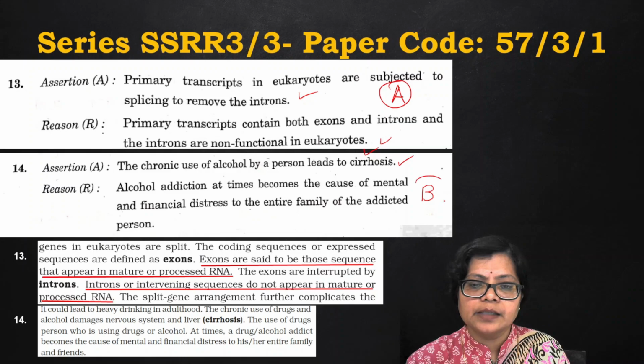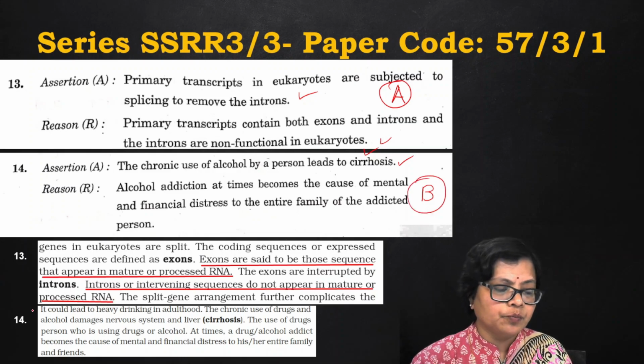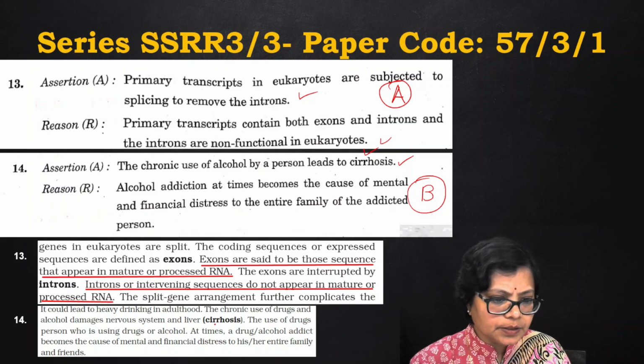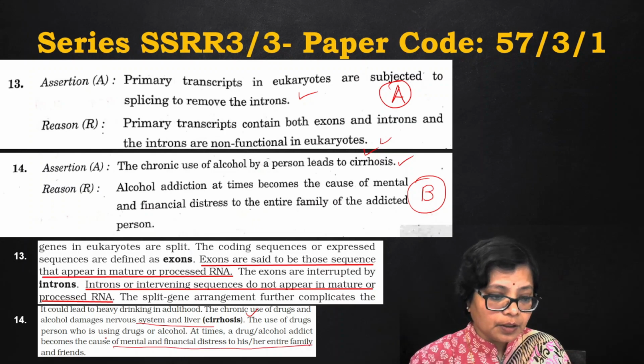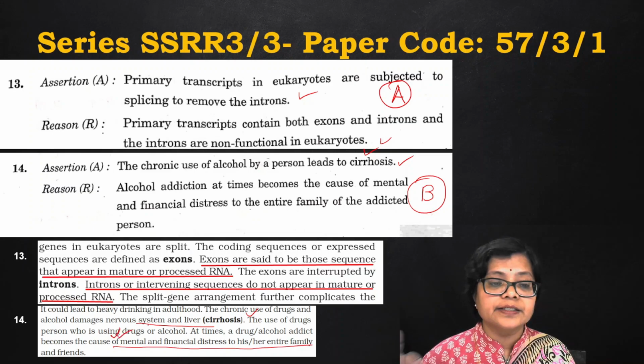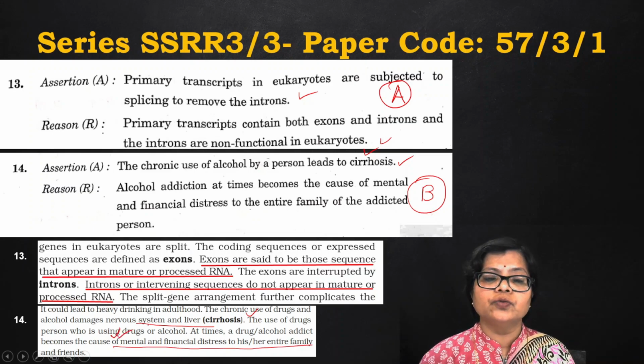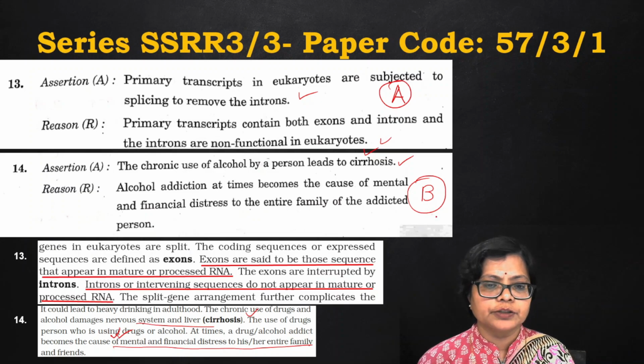So here the answer will be B. Both are true, but not the correct explanation. See, cirrhosis, this is the line given from the book, and then the mental and financial distress, that is also exactly copied from the NCERT book. So the option will be B.